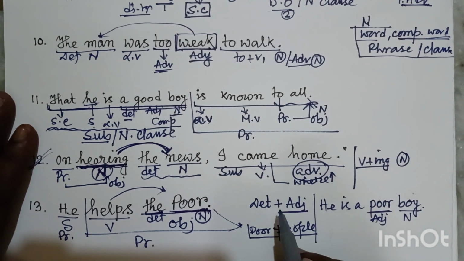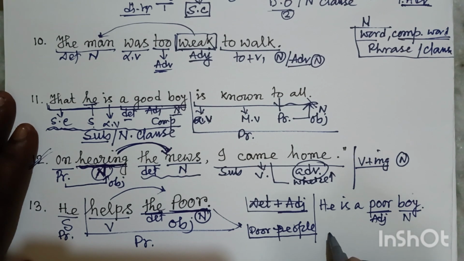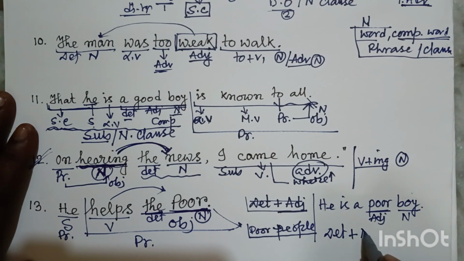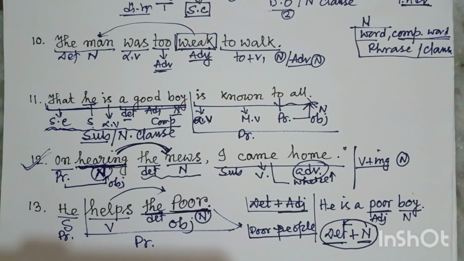Friends, one thing, whenever we use any determiner, after that whatever we use, that must be a noun, because before nouns only we can use a determiner. Before a noun or pronoun we can use a determiner.